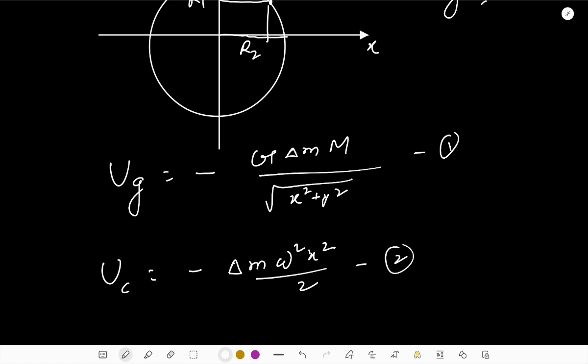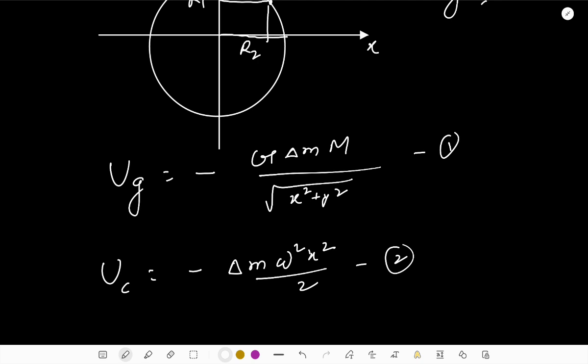You will find a problem related to the work done by centrifugal forces, and after solving the problem, you will reach the results obtained and used here. Those results will tell you that you should treat the centrifugal force as a conservative force, and its work done can be written in this manner.